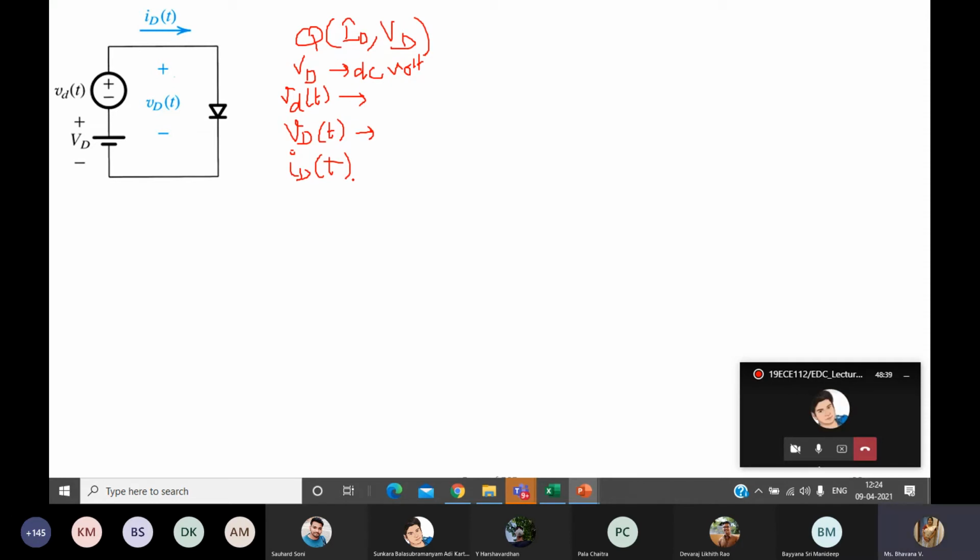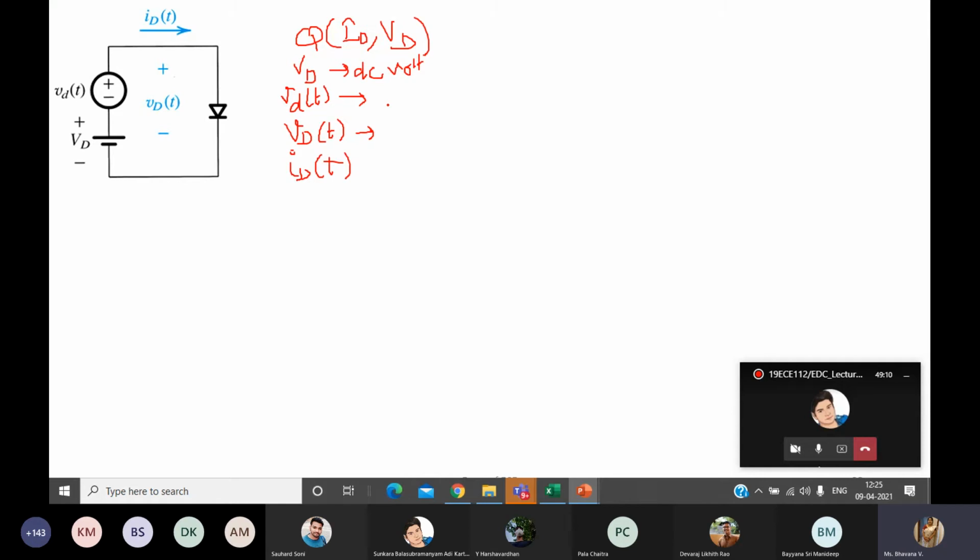Here, DC voltage capital VD is applied to the diode by using a battery.